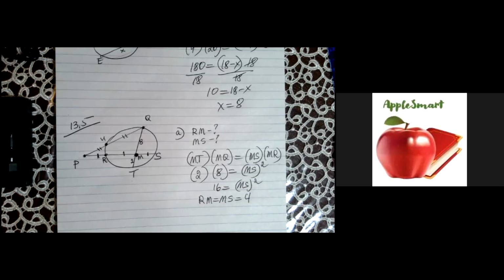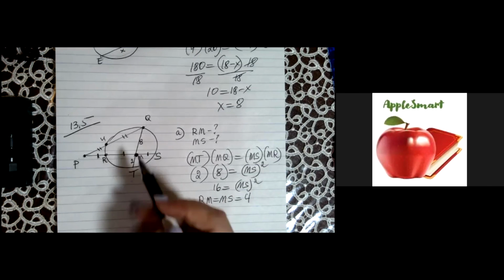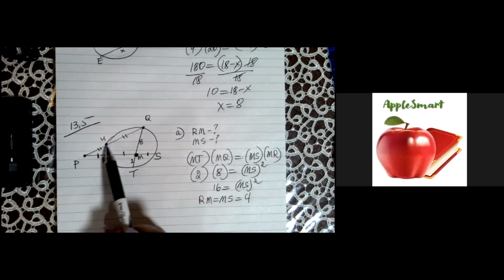Okay, so it was question 13.5. Here we go. Okay. So for question B, they wanted us to use the relationship you found in problem 13.2 to find PU. So we have to find the length of PU.